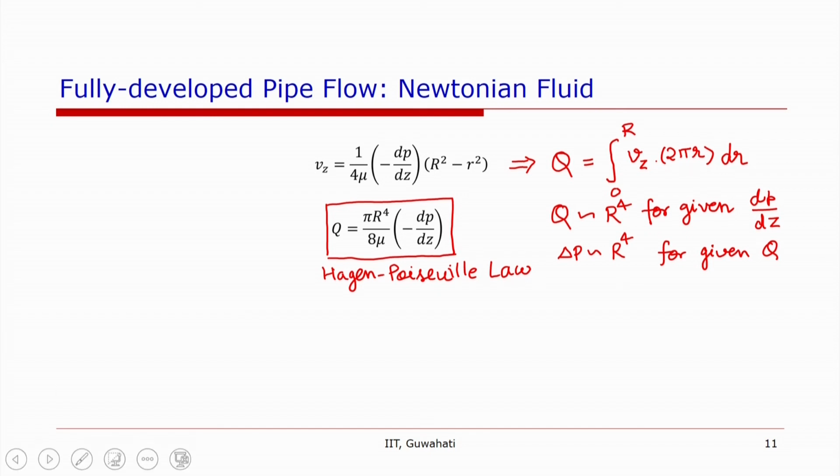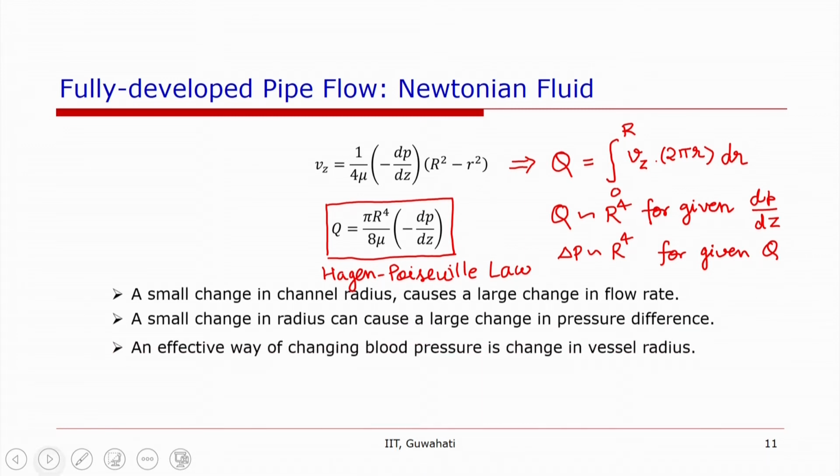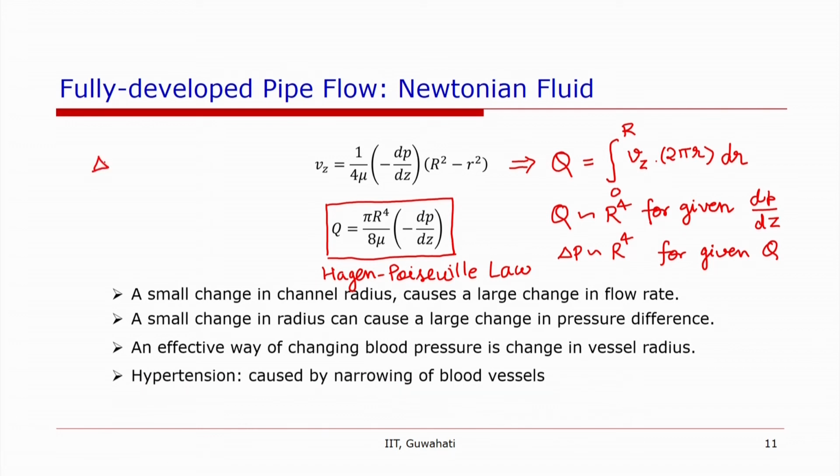Now this has very interesting implications in blood flow. We can show using this relationship that delta Q over Q is proportional to 4 delta R over R. That means a 1% change in the radius will cause a 4% change in the flow rate.